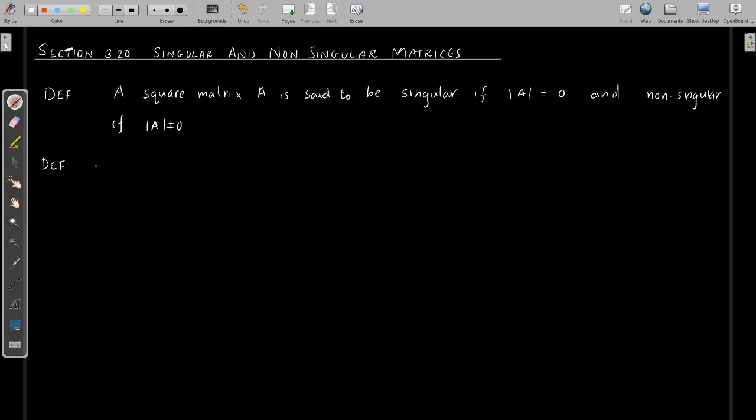Now we have another definition. Inverse of a matrix. Let A be a square matrix of order n.